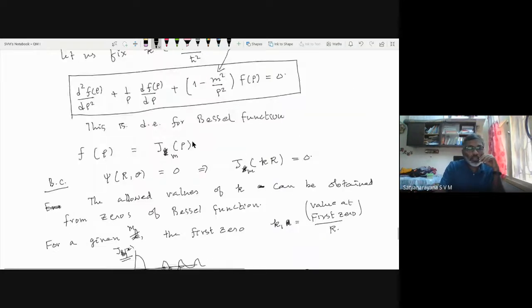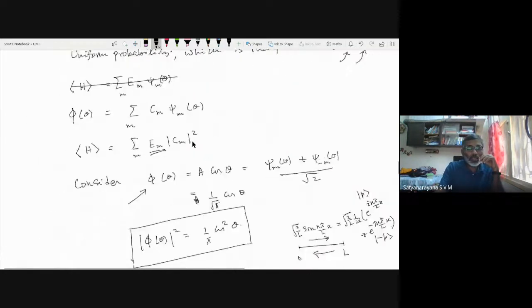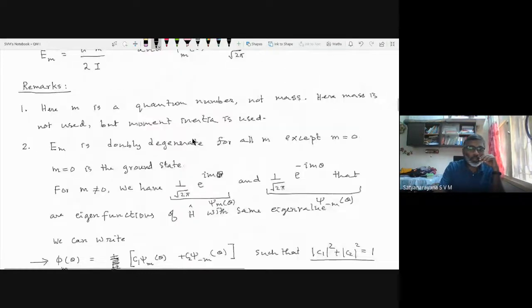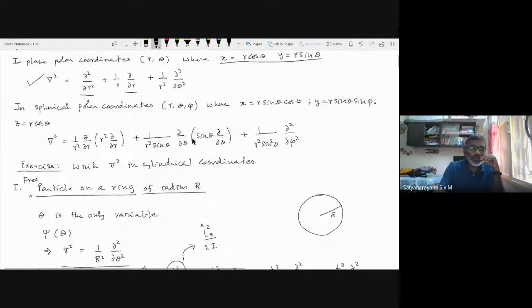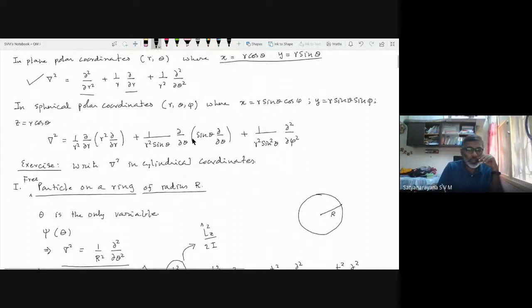Now for this, we go back to our del square in spherical polar coordinates. Now psi depends only on theta and phi. So that means this derivative does not play any role because small r is equal to capital R. R is fixed.